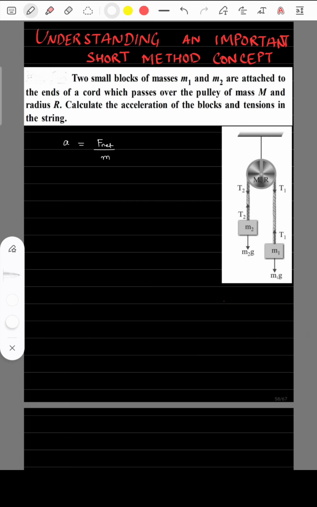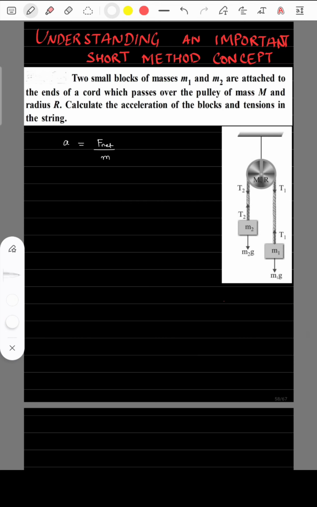Alright, so how to solve this kind of problem in a short way? First of all, we will derive the formula and then try to understand it in a simple way. Then we can apply that as a short method to similar problems. We will see each and everything.